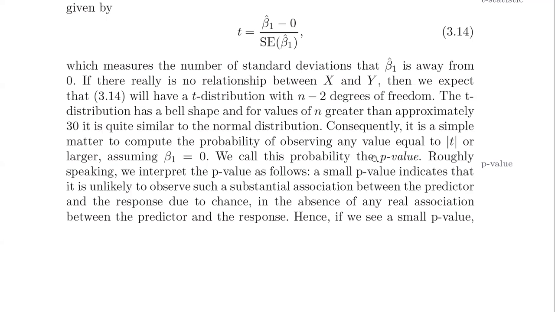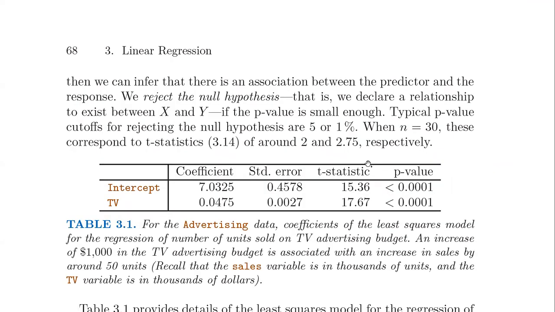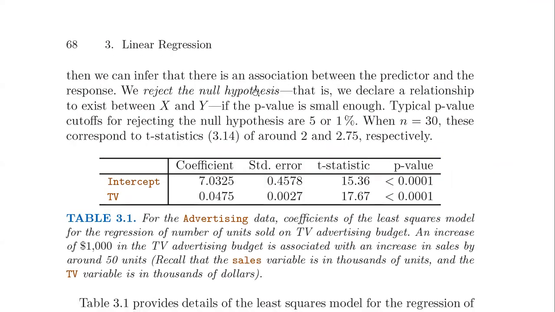I think we're going to skip this. We reject the null hypothesis. So what's the opposite of the null hypothesis? That there is a relationship between x and y, if the p-value is small enough. Typical p-value cutoffs for rejecting the null hypothesis are 5 or 1%.